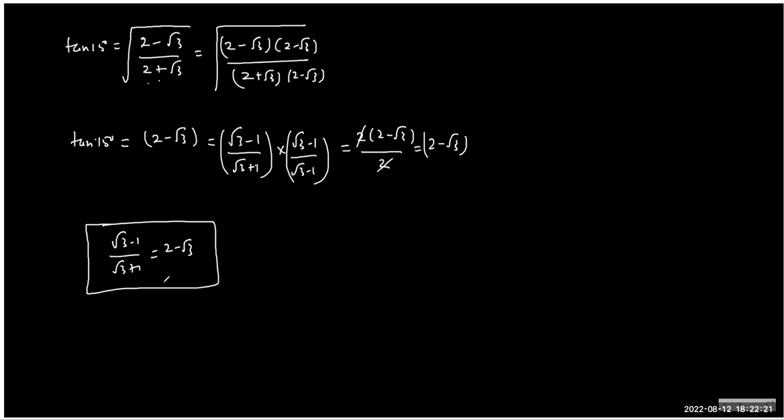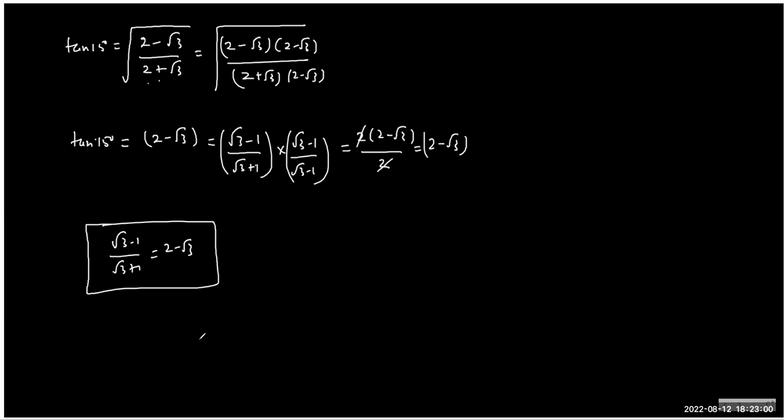Do you have a difficulty with rationalization? There is a simple theory of rationalization that we study in class 7th or 8th. To rationalize, we make the denominator a rational number. That's called rationalization. The square root of a number is irrational if it is not a perfect square. So if a number is not a perfect square, then its square root will be an irrational number.